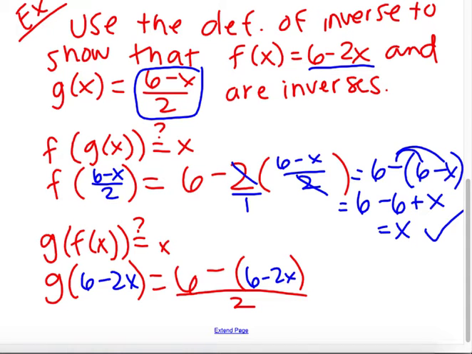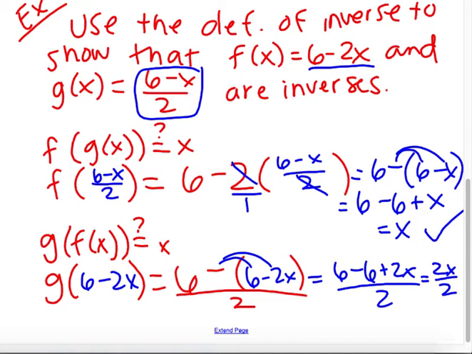I'm going to distribute my negative in. That gives me 6 minus 6 plus 2x all over 2. If I simplify the numerator, 6 minus 6 is 0, leaving me with 2x over 2. So that simplifies to just x, which means that one worked as well. So yes, they are inverses. That's how you would verify it.